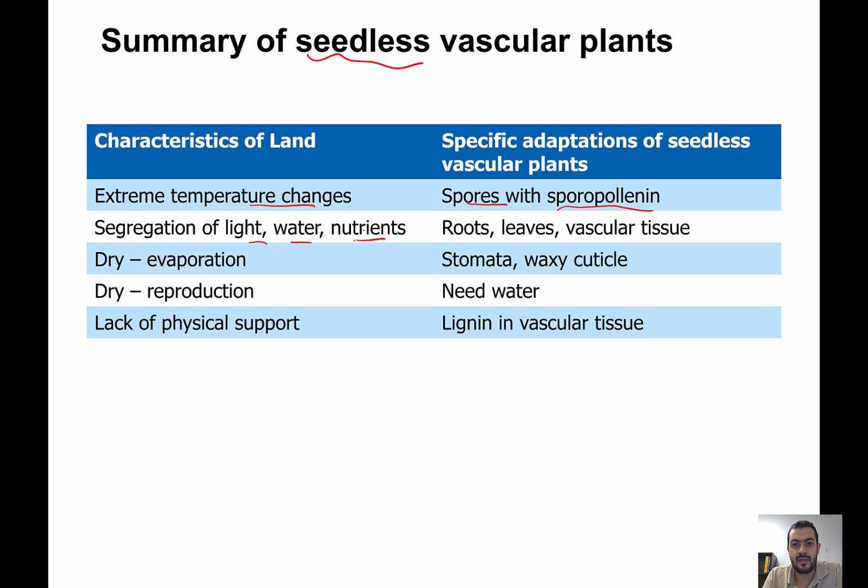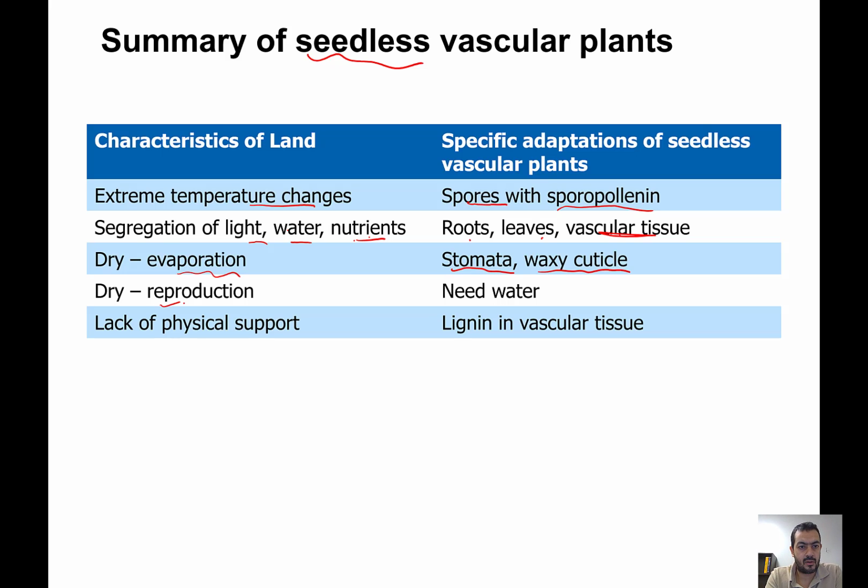Now they have specialized organs, roots, leaves, and they have vascular tissues for transport of the water and nutrients, and how they dealt with evaporation, because now they are covered with a waxy cuticle, and they have the stomata opening on the underside of the leaf, which controls the exchange of the gases.